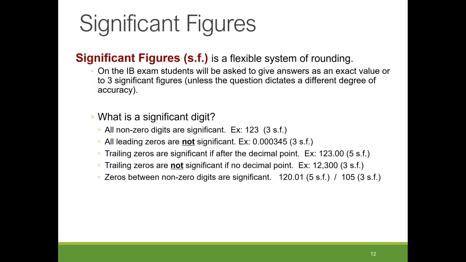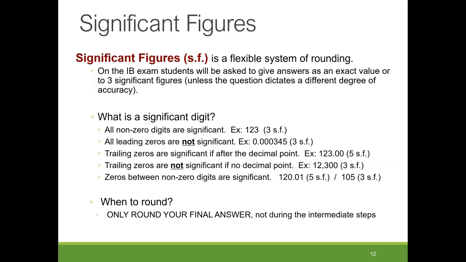Everybody's cool? Okay. I don't know how picky they are in the science department about how you do this, but I want to be real clear about what the expectation is here. Only round the final answer, no rounding on those intermediate steps.